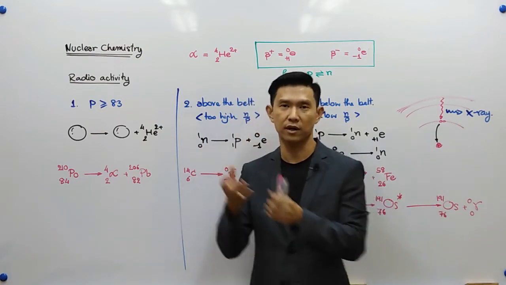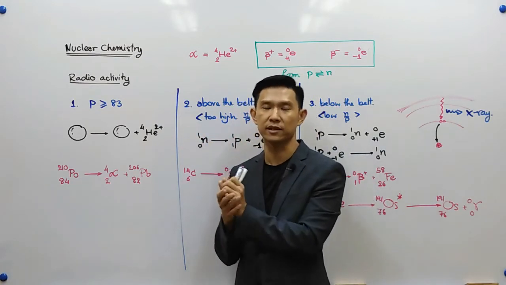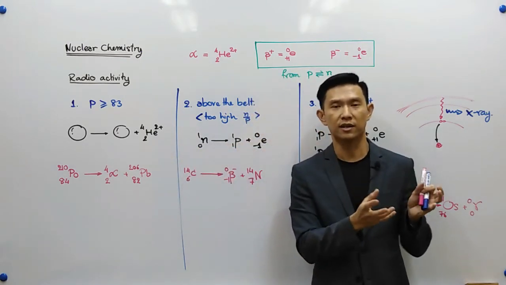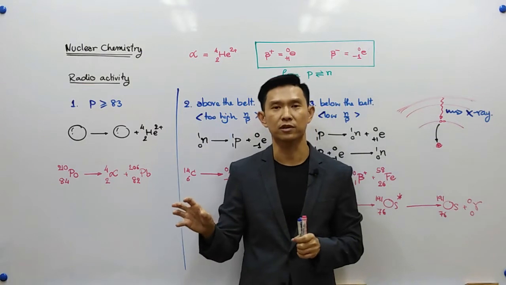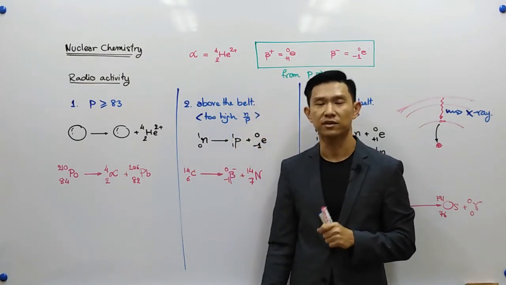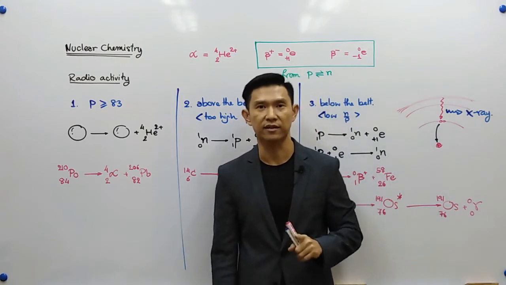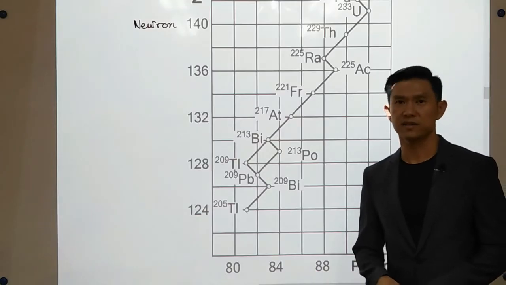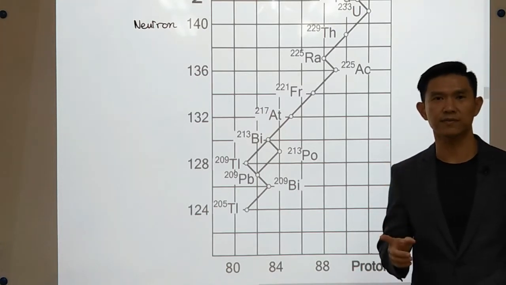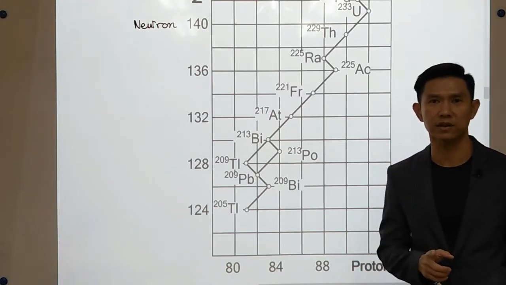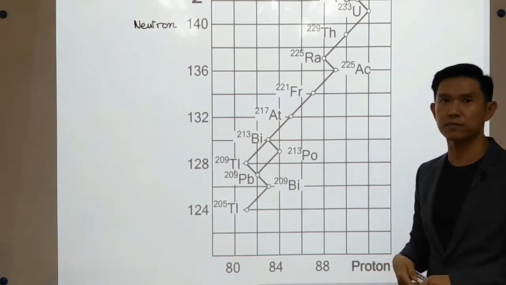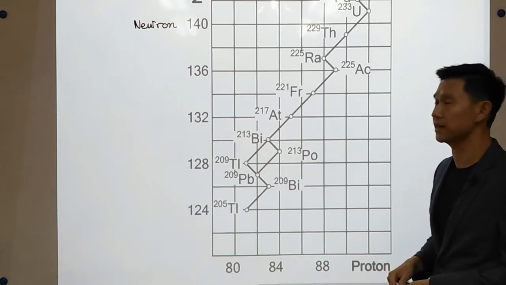If you're starting from uranium, as I said, you require a series of radiation until you can drop the number of protons from 92 to less than 82. So now we will see that kind of thing. Okay, as I said, sometimes with radioactivity, just one step is not enough to stabilize everything.